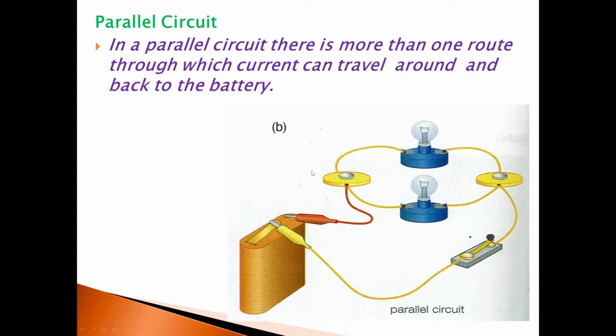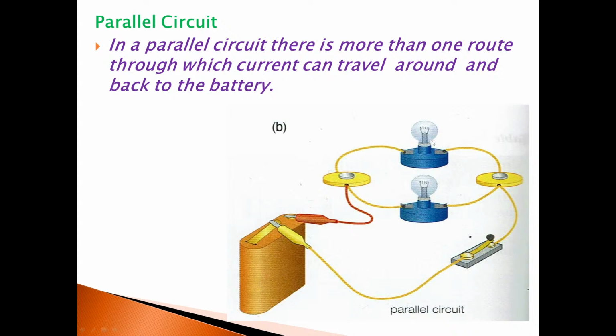And as for the parallel circuit now, in a parallel circuit there is more than one route through which current can travel around and back to the battery. So when you look at the diagram, the parallel circuit is a bit more sophisticated than the series one.